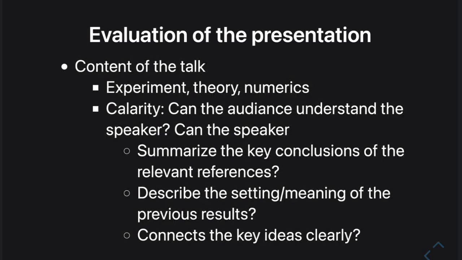Okay, so about the content of the talk, hopefully for every subject there should be at least three parts. One is the experimental part, the pure theoretical part, and also some numerical evidence. Okay, but it depends on the subject. Hopefully you can at least find two of them.